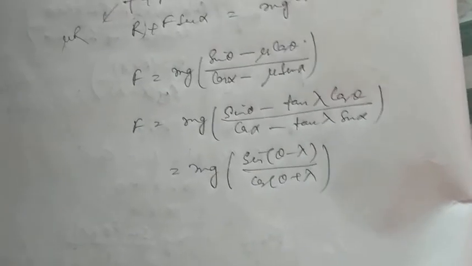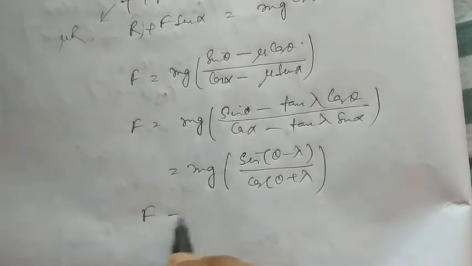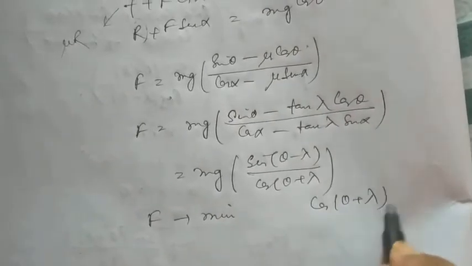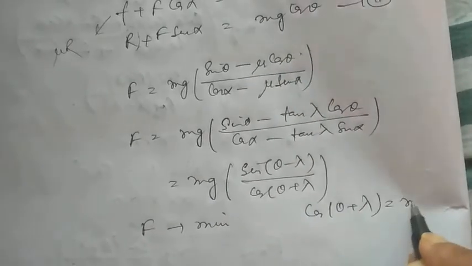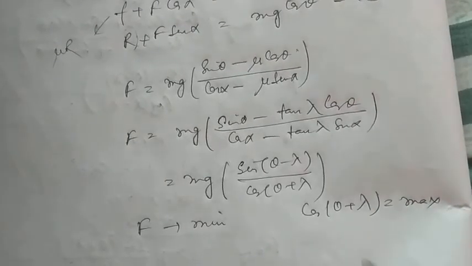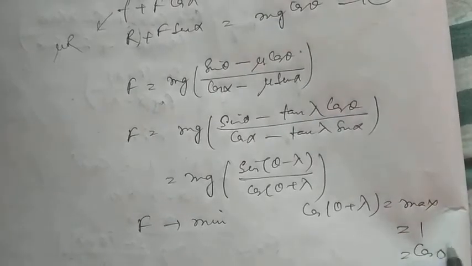So for given values of theta and alpha, F will be minimum. For F to be minimum, cos of theta plus lambda should be maximum, that is equal to 1, or rather cos of 0 degree.